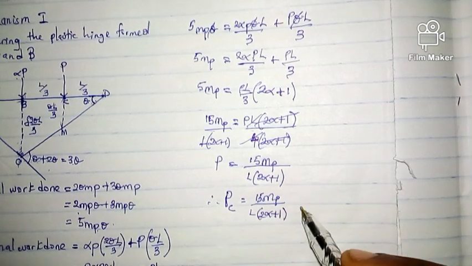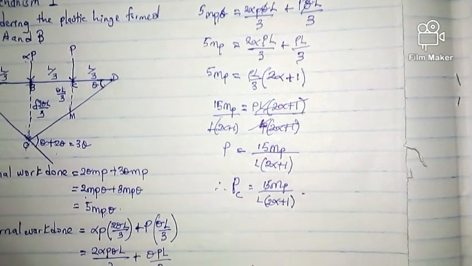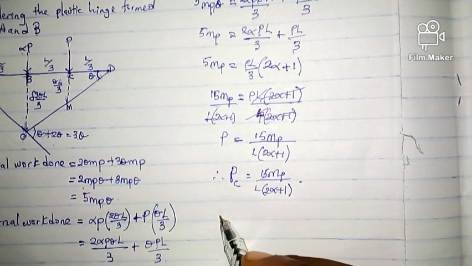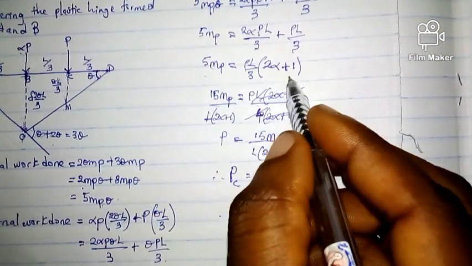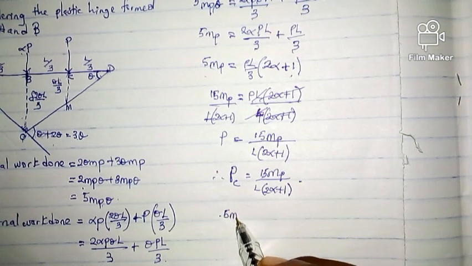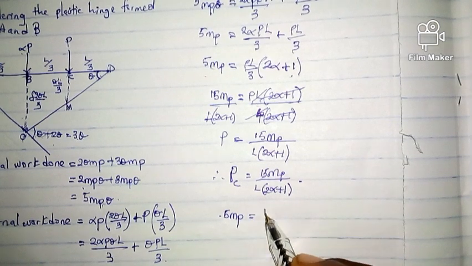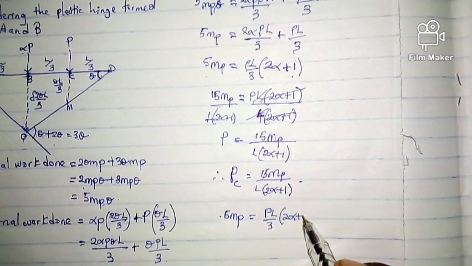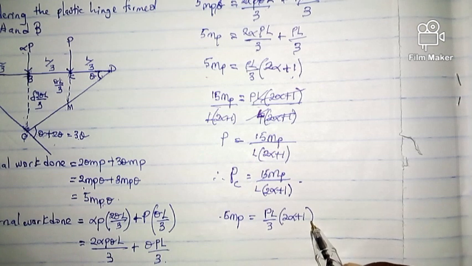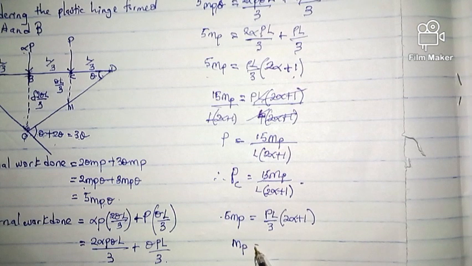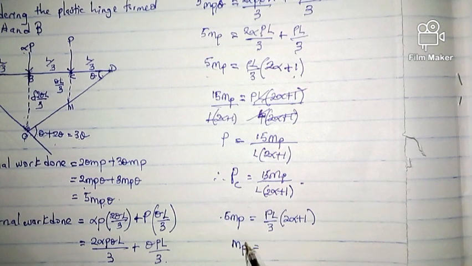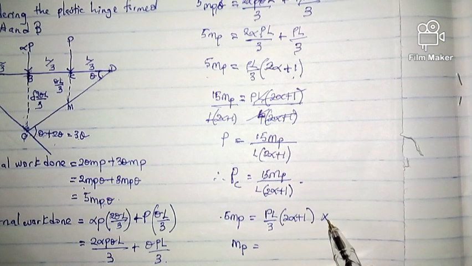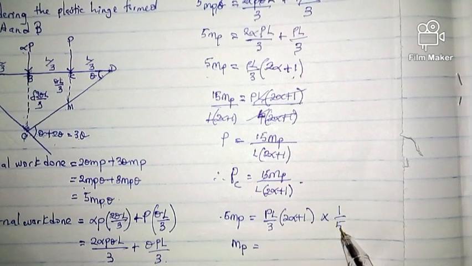Then what is our MP? From here, I can get my MP: 5 MP is equal to P all over 3 into 2 alpha plus 1. Multiplying both sides by 1 over 5, this 1 over 5 cancels the 5, then you're left with MP.